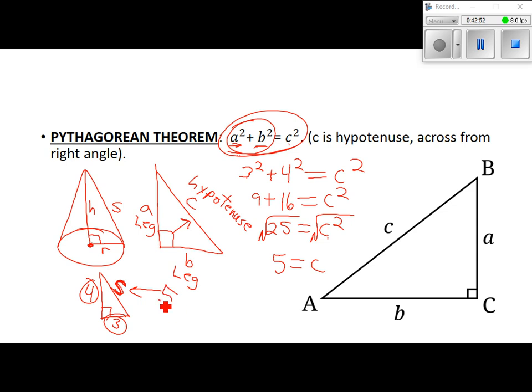Then we could plug that into the formula to find the surface area or the volume. Make sure you know that C is the hypotenuse, always across from the right angle.